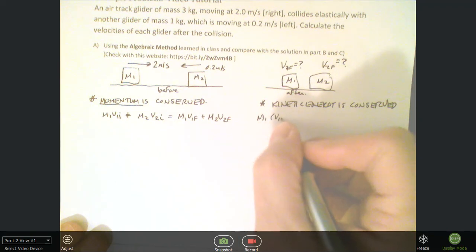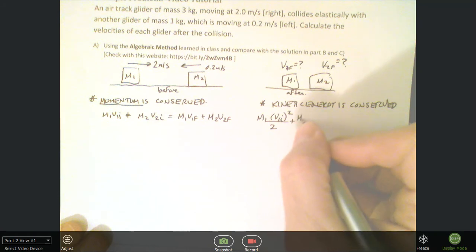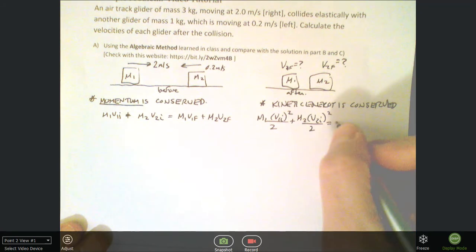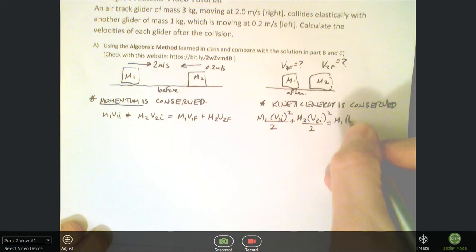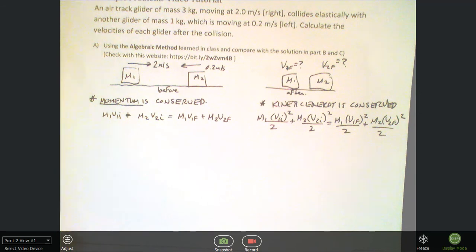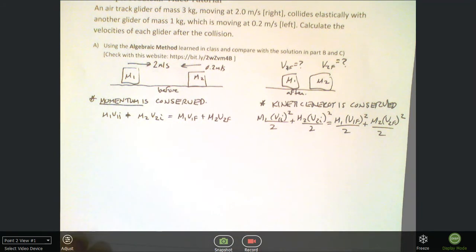M1 V1I squared over 2 plus M2 V2I squared over 2 equals M1 V1F squared over 2, like that. And you're like, okay, I know everything in this equation except for V1F and V2F. That is, two equations, two unknowns, you can solve it.